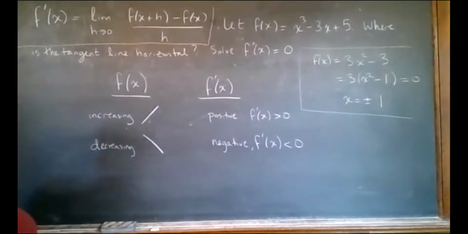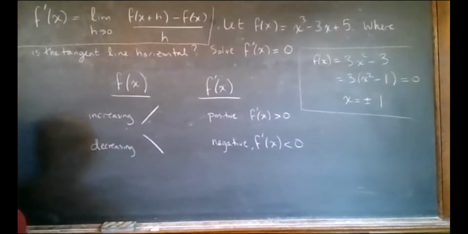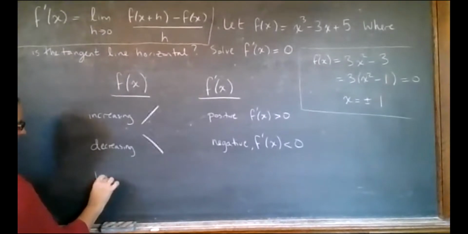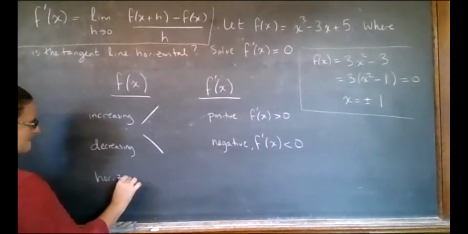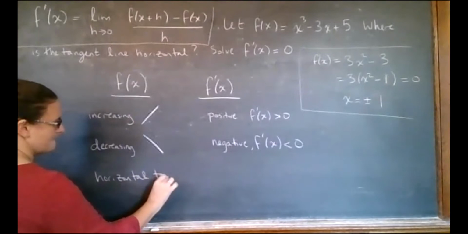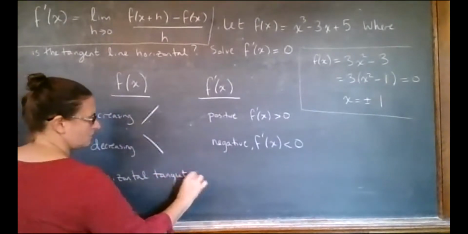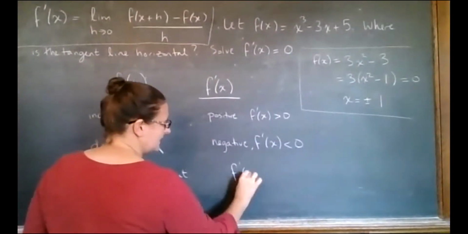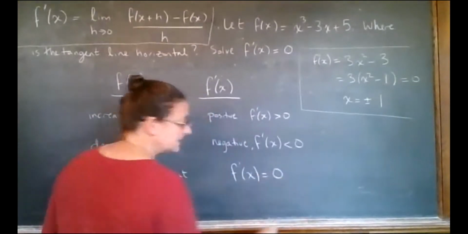And if it's neither increasing nor decreasing, then my derivative is going to be 0. So we talked about that. I'm going to put horizontal tangent here, and that gives me that the derivative is 0.